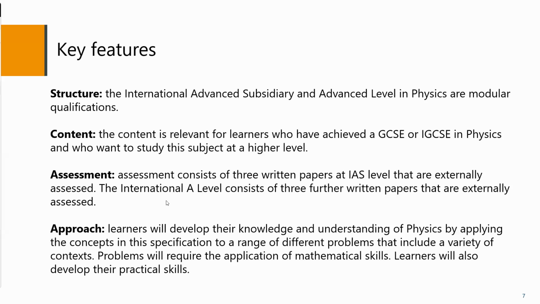The international advanced level consists of 3 further written papers that are also externally assessed. The AS can be claimed on completion of the international advanced subsidiary units, the IAS units, and the full advanced level can be claimed on completion of all the units, the IAS and the IA2 units.